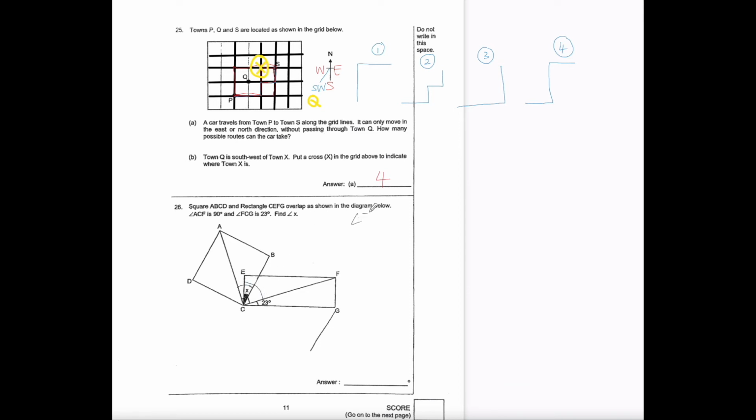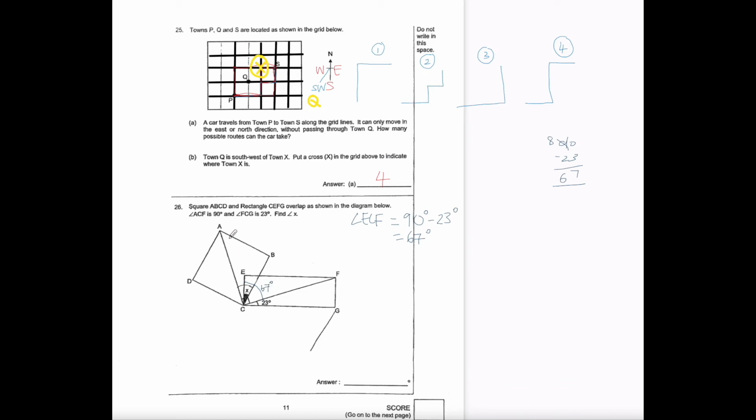And angle ECF will be equals to, because the whole thing is 90, and to find ECF, I can just take 90 degrees, which is the corner of a rectangle, and minus away 23 degrees. Okay? Let's do working here. 67. Okay, so now that we found this is 67 degrees, I'm gonna write it in.